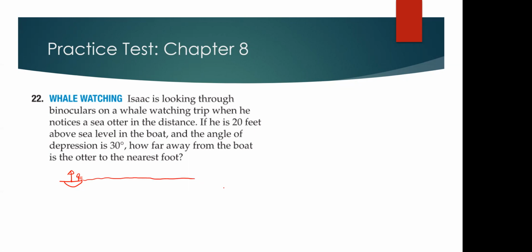There's the ocean there, and then he sees this sea otter in the distance, poking its head out. He is 20 feet above sea level.